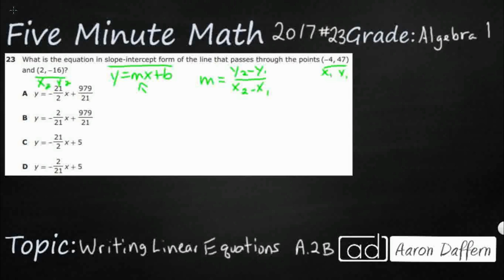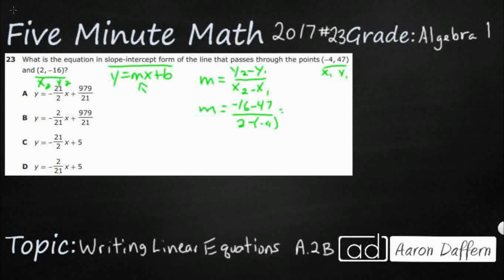All right, so slope seems pretty easy. I'm going to take my y2, that's negative 16, subtract my y1, 47. Wow, that's going to be big. And then my x2 is 2, my x1 is negative 4. All right, so then let's simplify this.